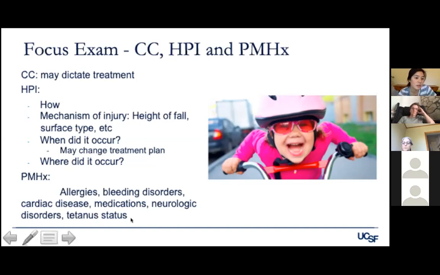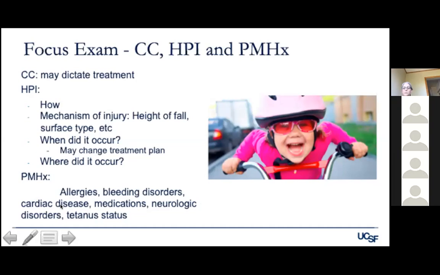And then the past medical history, just some specifics like bleeding disorders, since the mouth is very vascular. If they have hemophilia, it's important that we give them medication if we have to manipulate that tissue. Some cardiac diseases like congenital issues may require pre-medication antibiotics before manipulating the dentition to prevent endocarditis and things like that.